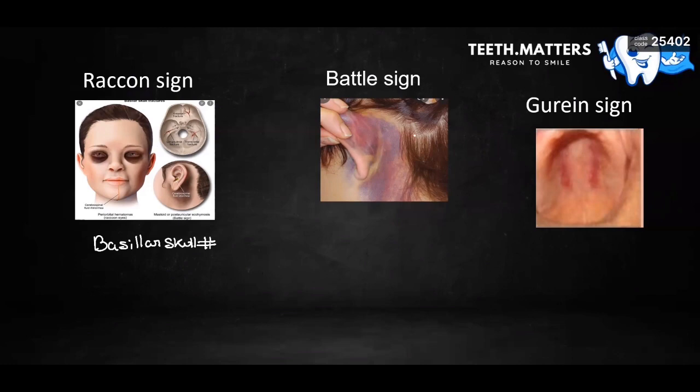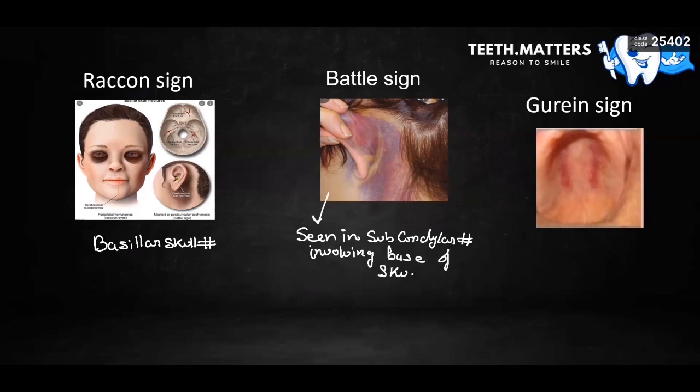In the figure, it is clearly seen that there is ecchymosis over the mastoid region, and it is seen in subcondylar fracture involving the base of the skull.